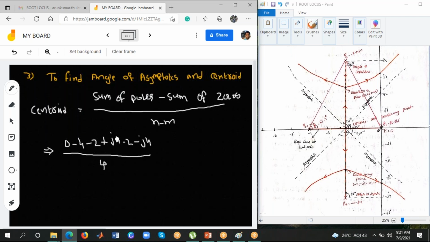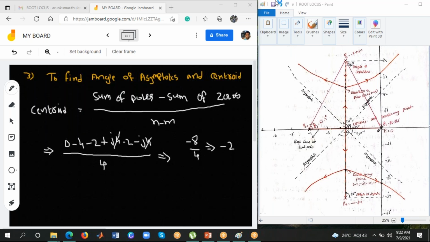These two will get cancelled and you will get -8 by 4, that is -2. Now we have to consider the centroid.